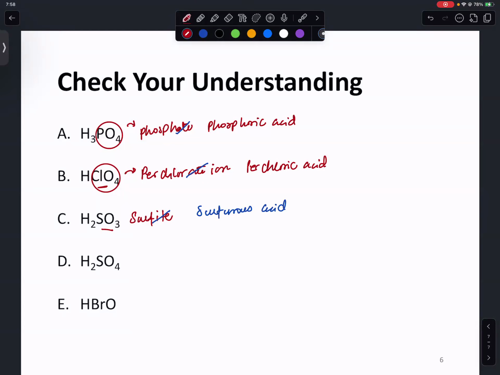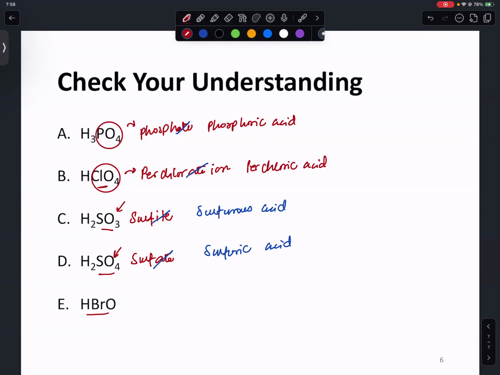Choice D, we have here more oxygens in SO4 than SO3, so it's sulfate. We drop the ate and it becomes sulfuric acid. Now the last one right here is the hypobromite ion.